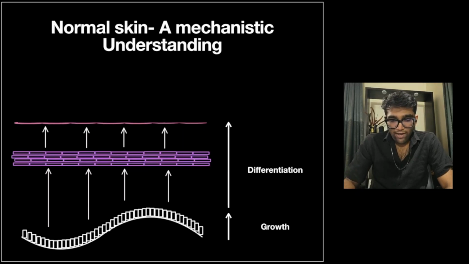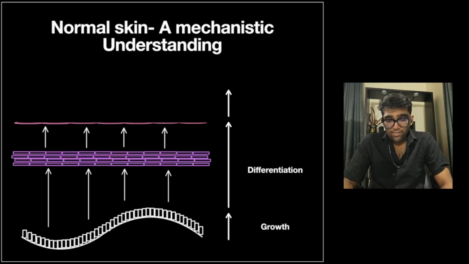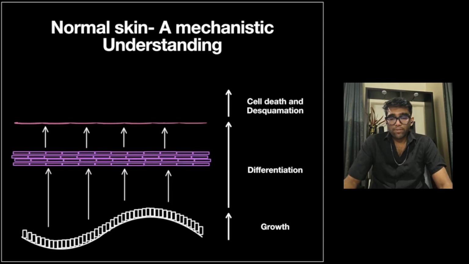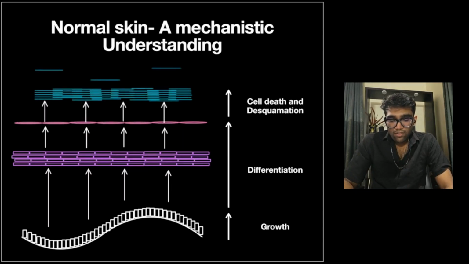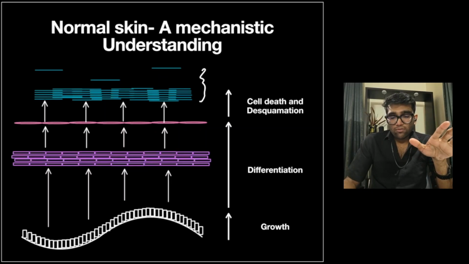After that, they lose their nuclei. The cytoplasm is replaced by water repelling proteins and lipids, and eventually dead squames or dead plates are formed. That is what I've represented as blue here. So this is the normal process of development within normal skin.